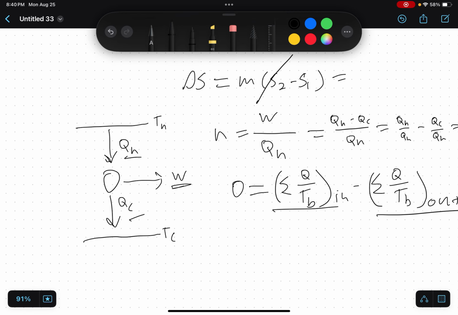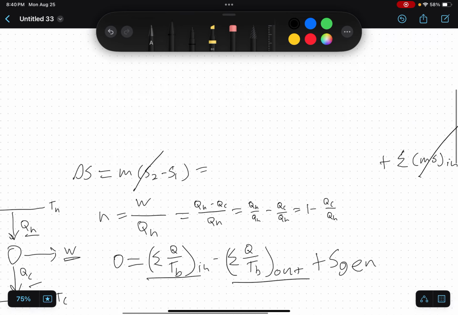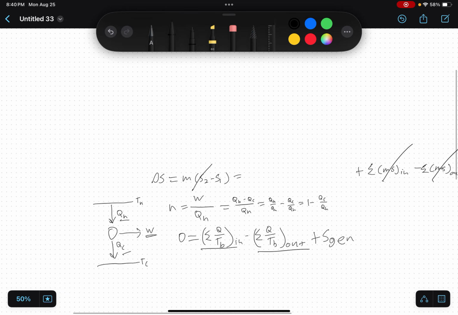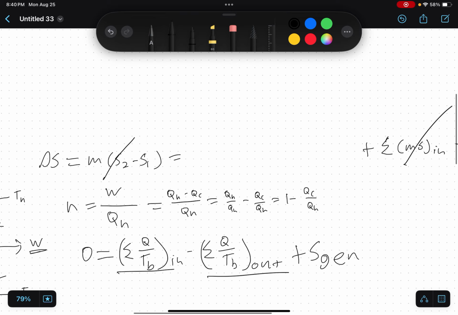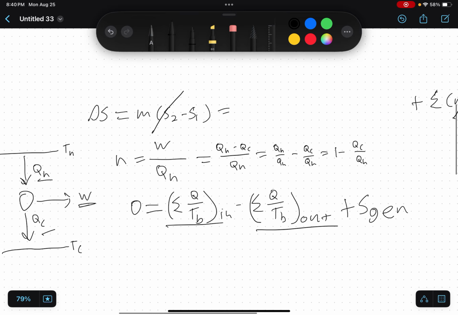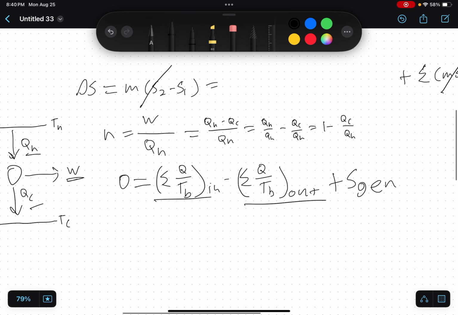And work doesn't count as a Q out because work is technically perfect. So it doesn't produce entropy. That's why it's not in. Oh, I literally moved it. I thought I copied it. That's fine. It's literally not even in the entropy equation.